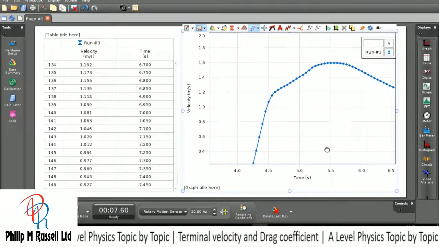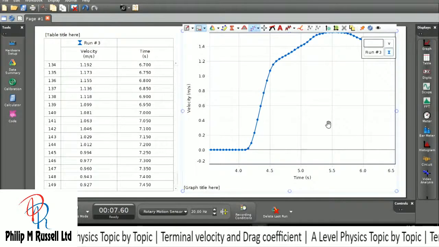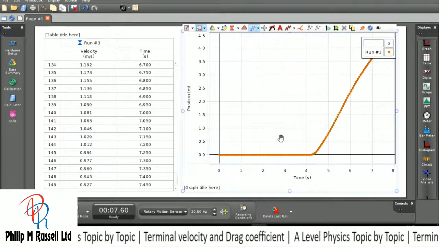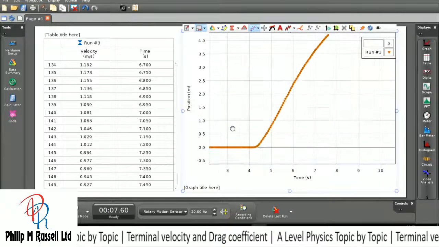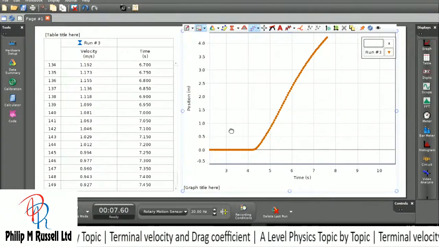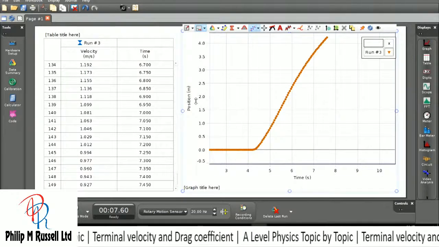So it is doing something, but as to what it's doing, we can look at the position here, and the position is going from top to bottom quite happily. The distance wasn't getting any more. At around about 7.5 seconds it stopped.